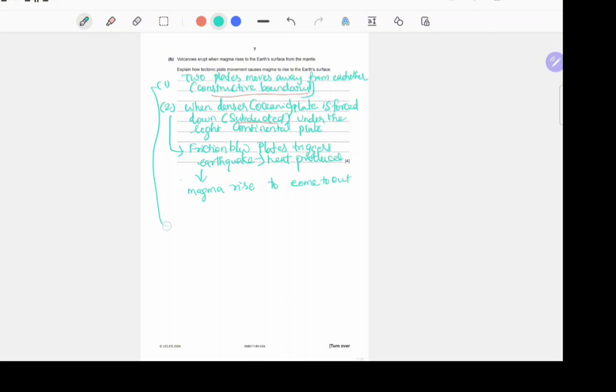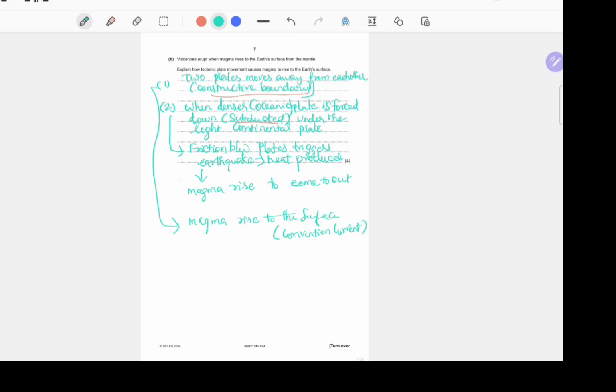For this one, how will it happen? Here, when two oceanic plates move away, automatically the space is created so that magma rises to the surface here also. This is the convection current part, I am speaking about the top.